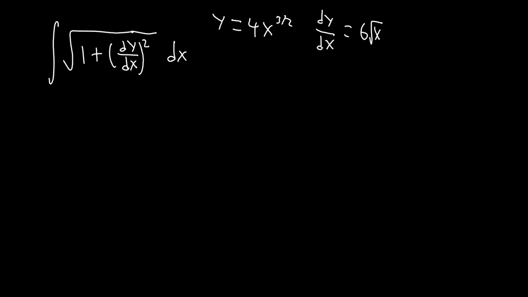For arc length, you need bounds, because if you don't have any bounds and you go, for example, from 0 to infinity, well, the arc length would just be infinity then. So in this case, we'll just go from 0 to 2, so that we have a valid answer. So to take the arc length from 0 to 2, you would have to do 1 plus, and then, well, 6 squared is just going to be 36, and then the square root of x squared is just going to be x.